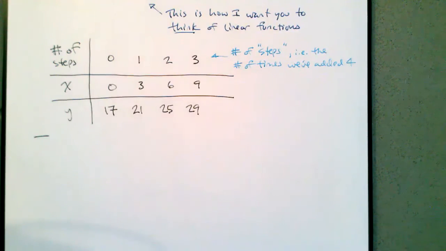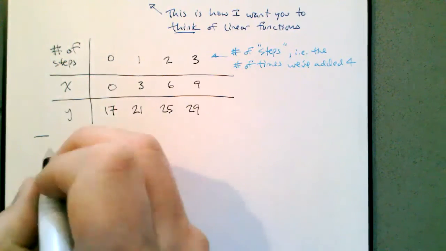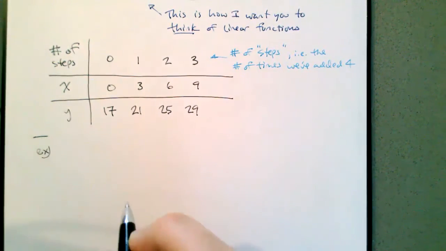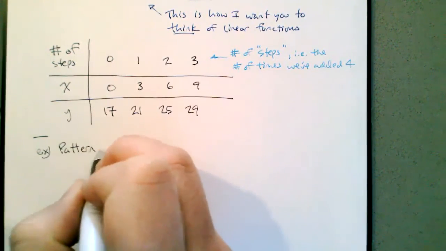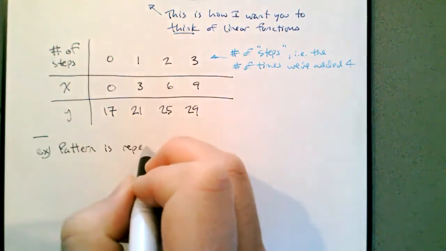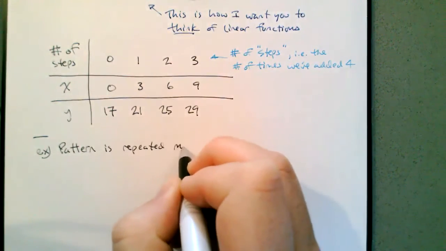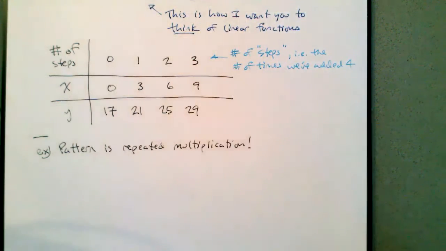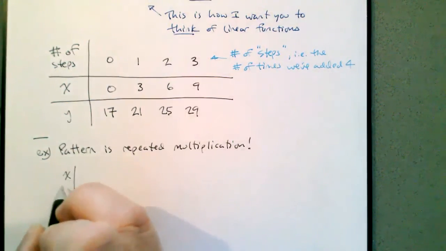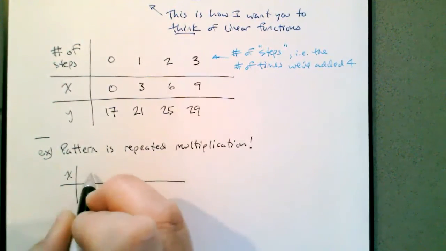I want to exploit the similarity between a linear function and an exponential function. So if I have a function where the pattern is not repeated addition, if I have a function where the pattern is repeated multiplication instead of addition, I'm going to start with a step size of 1.